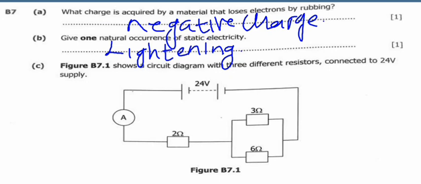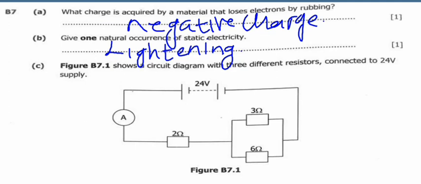Let's come to C. Figure B7.1 shows a circuit diagram with 3 different resistors connected to a 24-volt supply. So we have the voltage being produced by the batteries or the battery. Then we also have the ammeter, which is denoted by A. We have this resistor connected in series, and also these two resistors which are connected in parallel.